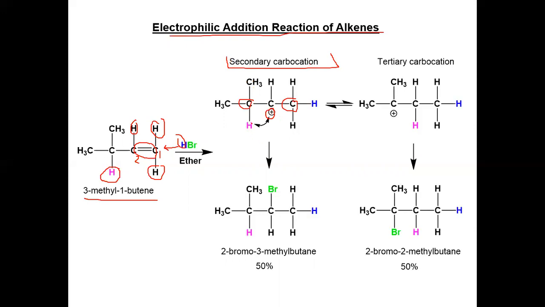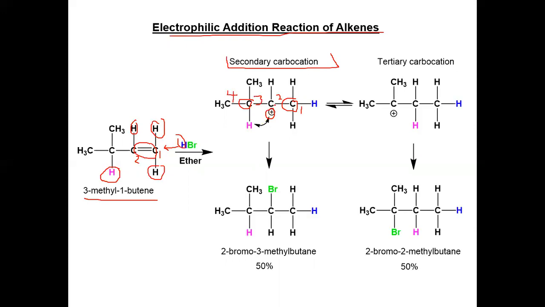Okay, kamu tengok sekarang. Let's say hydrogen yang purple ni, carbocation ni tukar tempat, shift. This is now a secondary. Katakanlah carbocation ni dia nak pindah kat sini. Ni carbon 1, ni carbon 2, carbon 3, carbon 4.